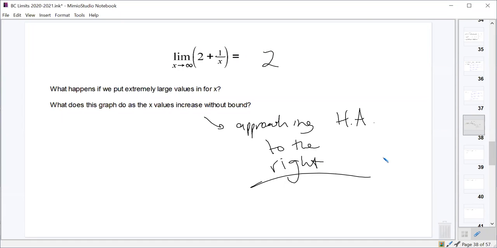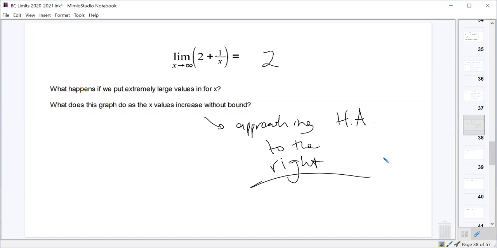Okay. So remember that a limit as x approaches infinity is a horizontal asymptote to the right. What about a limit as x approaches negative infinity? Horizontal asymptote to the left. Should be a horizontal asymptote to the left.